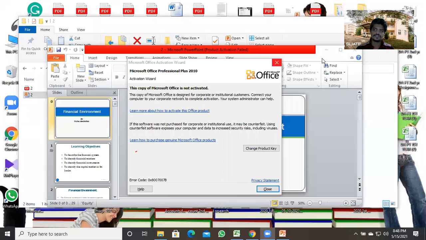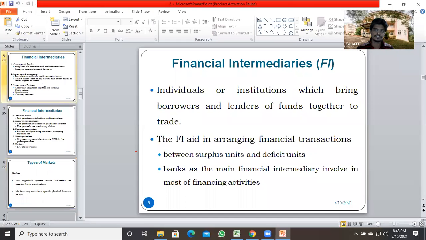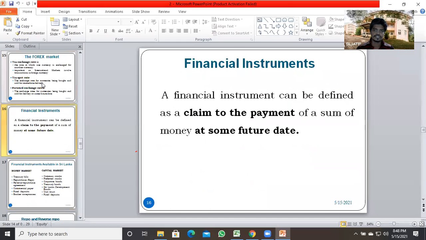Yes, today I have uploaded one material. Please go through this one. I have inserted all the theory parts into this. Let's see what the financial instruments are. A financial instrument can be defined as a claim to payment of a sum of money at some future date.